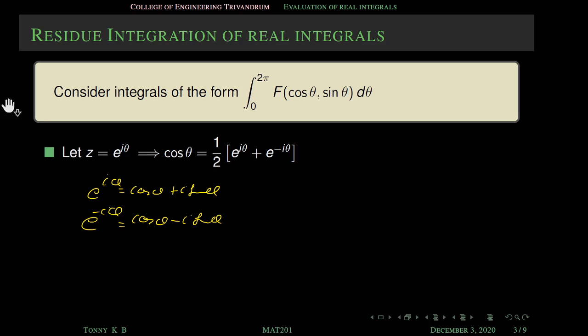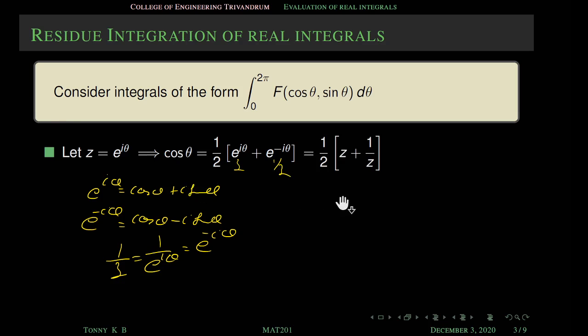So what about our z? z is e raised to i theta. So what about 1 by z? That is 1 by e raised to i theta, which is e raised to minus i theta. So if z is e raised to i theta, then 1 by z is e raised to minus i theta. Now we can convert cos theta in terms of z.